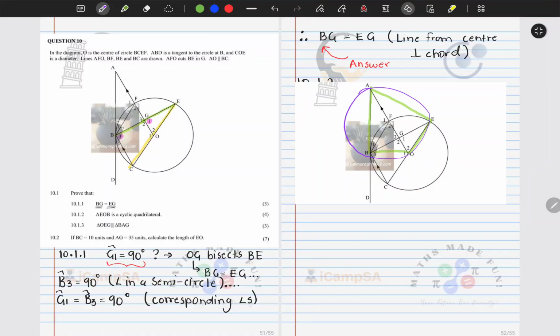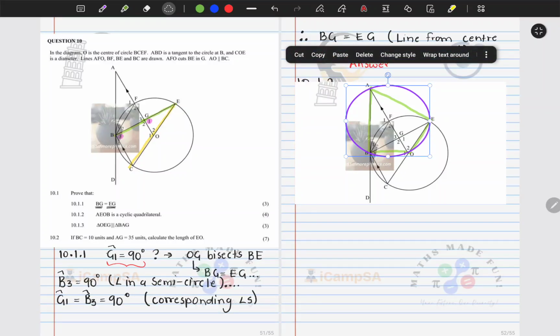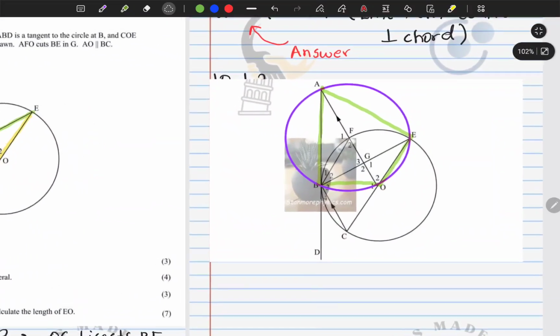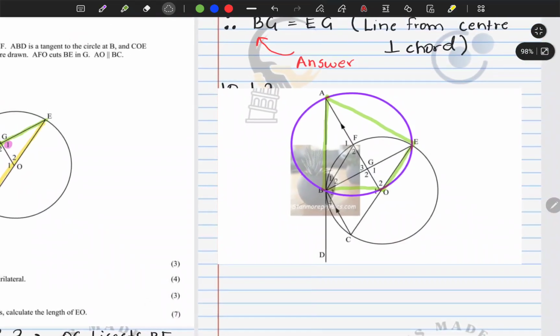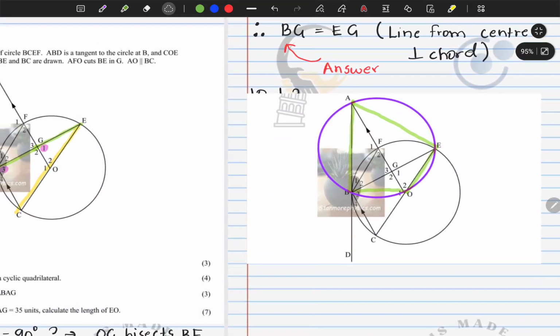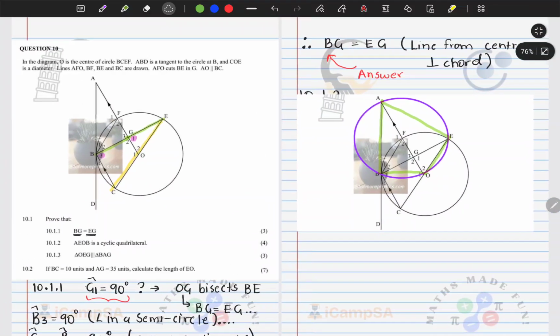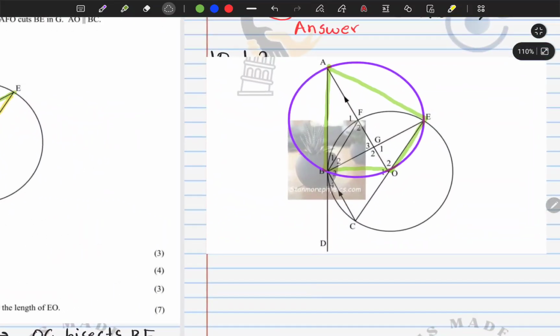So you guys should know how a cyclic quad fundamentally behaves. You're looking at opposite angles being supplementary and so on and so forth. So now the question is, which angles can we show are supplementary? Okay. And if you look at this, you can also use the exterior angle of a cyclic quad.